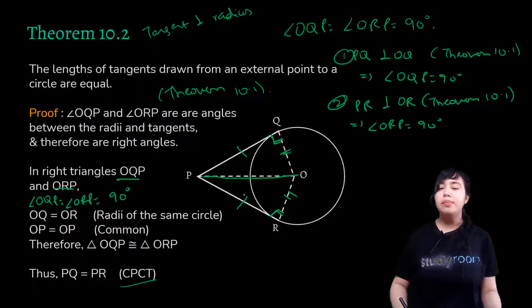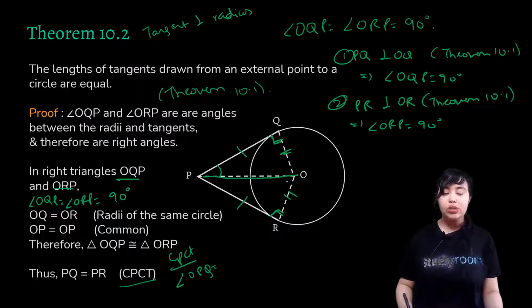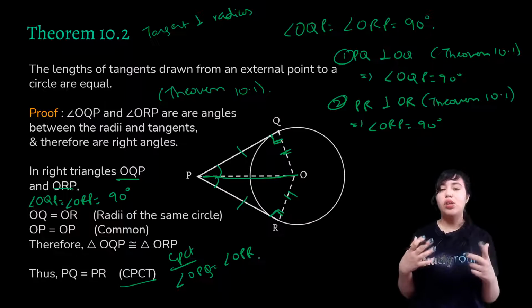So if PQ and PR are equal, I can also say similarly by making use of CPCT that angle OPQ, this angle, is equal to angle OPR, this angle. Okay, because they are also corresponding angles, so they would also be equal.